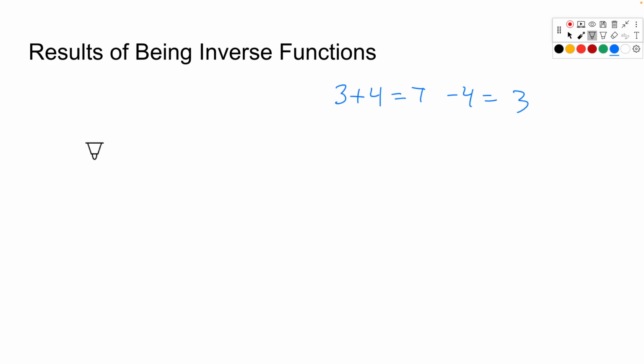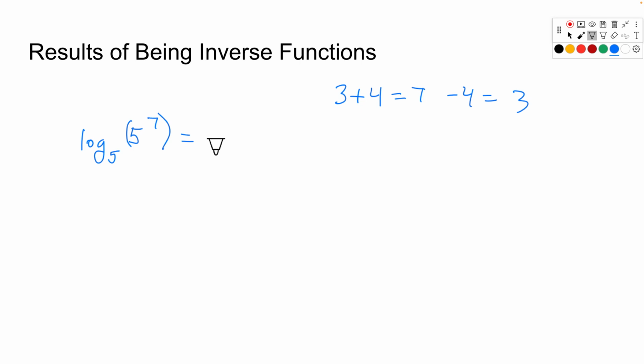What it looks like, since logarithms are the inverse of exponentials, if I take the log, let's say base 5, of 5 to the 7th power, well, what's really going on here? Taking 5 to the 7th power, the logarithm is the inverse of doing that.